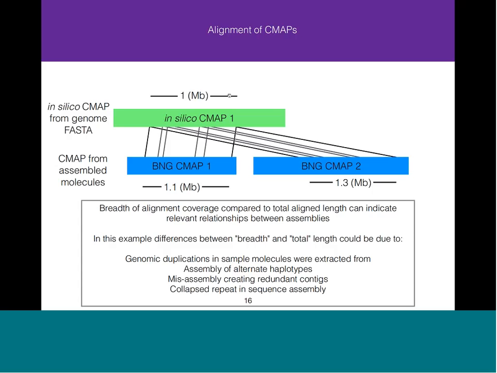We might have had assembly of alternative haplotypes in the BNG CMAP. This might represent a misassembly, creating redundant contigs in the BNG CMAP. And we might have collapsed a repeat in our sequence-based assembly, so our in silico CMAP is not collapsed in the BNG map. So it gives us a starting position to help evaluate the difference between these two assemblies.